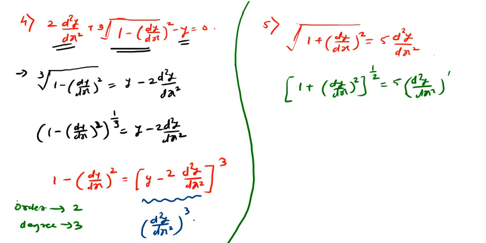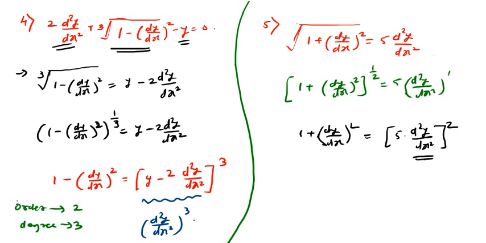What we will get is 1 plus (dy/dx)^2 is equal to 5 into (d2y/dx^2) raised to 2. Now this is the highest order derivative and its degree is 2. So order in this case will be 2 and degree will be equal to 2.